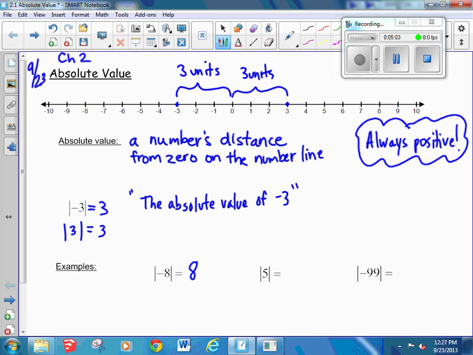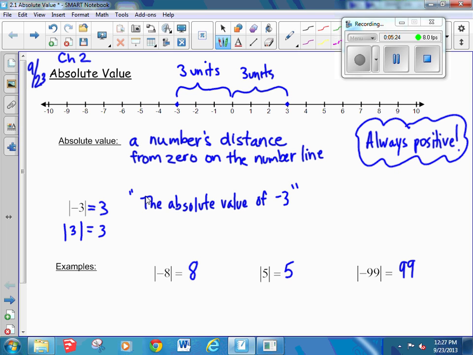Anna? The absolute value of 5 is 5. Very good. And the last one here, Mary? The absolute value of -99 is 99. Very good. Negative 99 is 99 units from 0. Okay? We good with that?